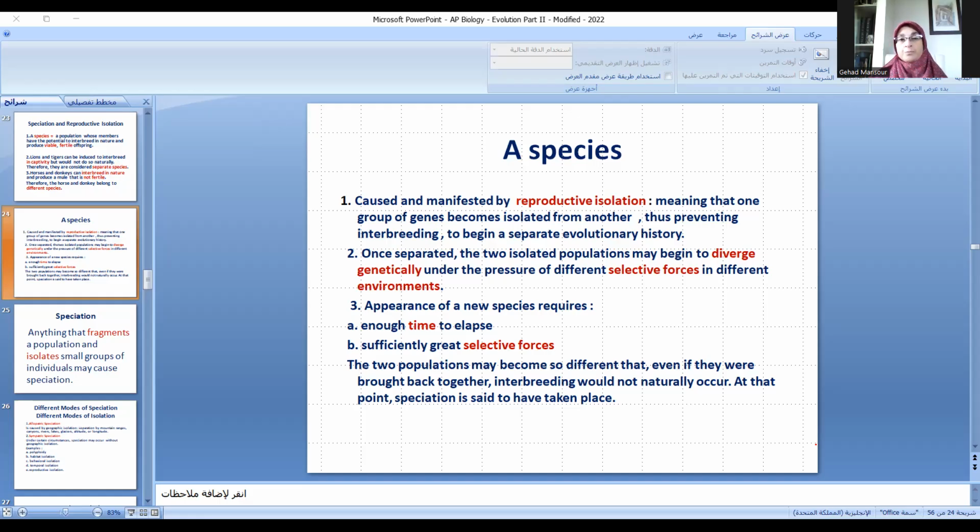The second pre-zygotic barrier is a difference in flower shape, because maybe the pollen grains of one population are more adapted to fall on a particular stigma that is flat, for example. So if the stigma is convex, the pollen grains would fall. So this is another pre-zygotic barrier.